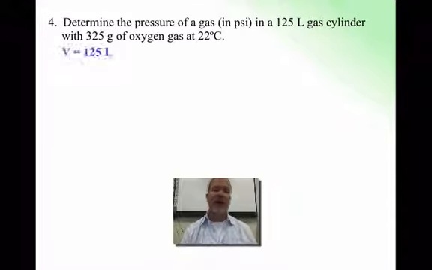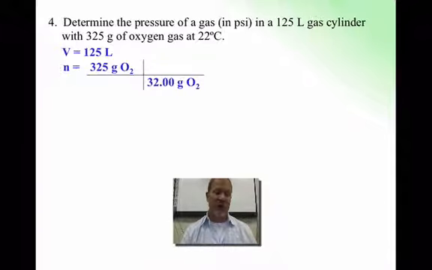But first of all, I must again identify what I know. I know my volume is 125 liters. Liters are the correct unit, so I'm set. Secondly, I know my amount is 325 grams. That's not the correct unit, it must be in moles, so once again use molar mass. Oxygen weighs in at 32.00 grams per mole. Simply divide, and I end up with my moles of oxygen.